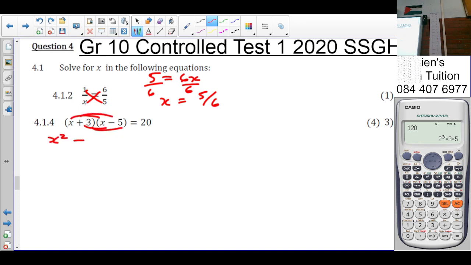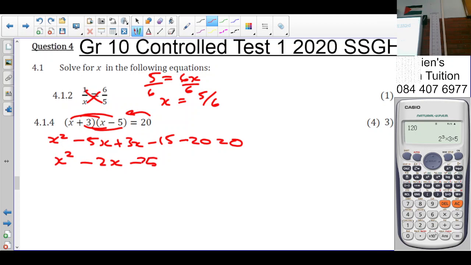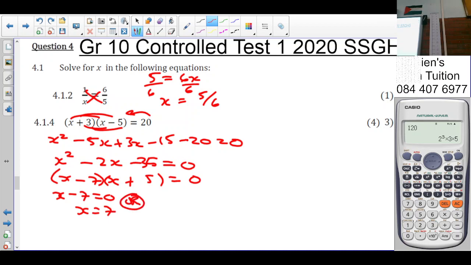X times x is x squared, x times negative 5 is negative 5x, plus 3x, negative 5 times 3 is negative 15, minus 20 is equal to 0. So it becomes x squared minus 2x minus 35 equals 0. Trinomial. Trinomial is 7 and 5, minus plus. So x minus 7 is equal to 0, so x is equal to 7. Or x plus 5 is equal to 0, x is then equal to minus 5.